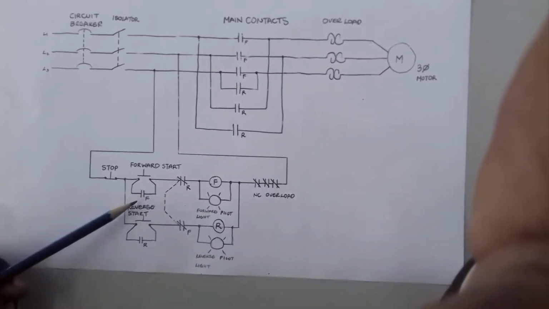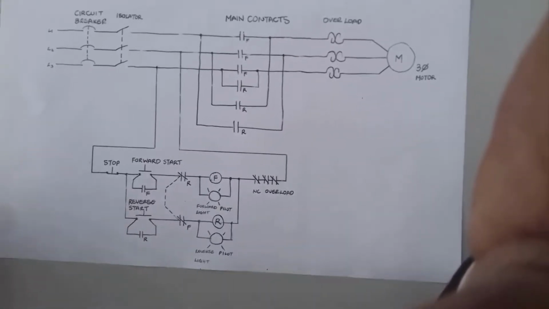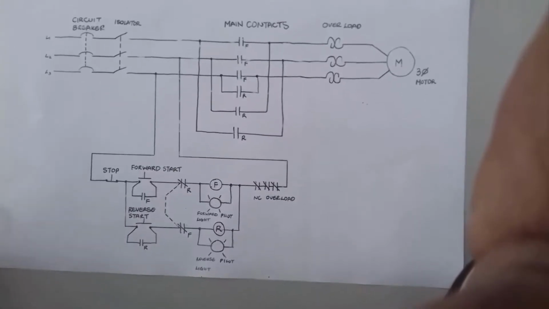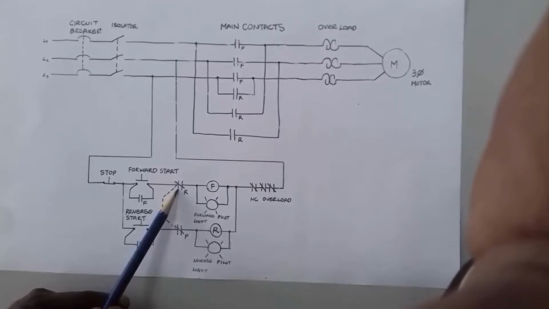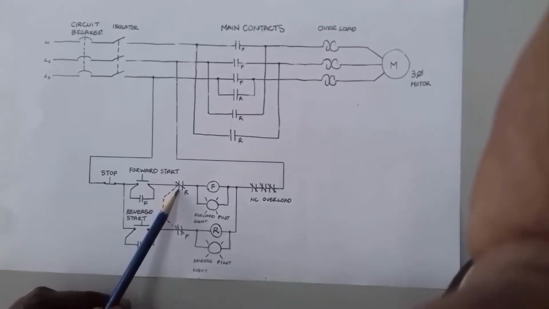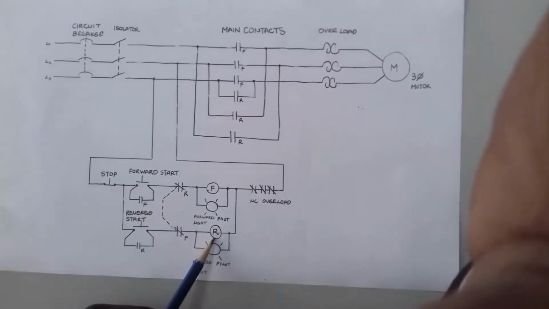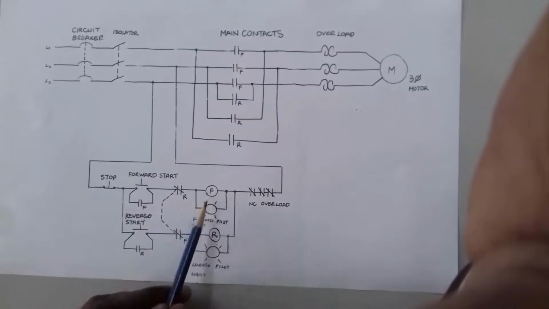We also have our holding contacts or auxiliary contacts, and we'll discuss that further when we go through the operation of the circuit. We have a normally closed contact that is related to our reverse coil that is in series with our forward coil.